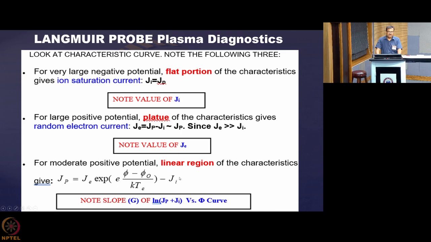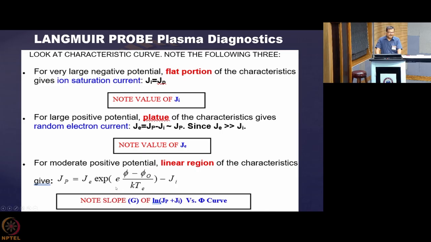minus Ji. So what you need to do now is plot Jp plus Ji, take this Ji to the left side and take a log of that. Then on the right hand side, this becomes a bare term, e(phi minus phi naught) by kTe. So if you plot this as a function of phi, the applied bias, you get a linear curve.